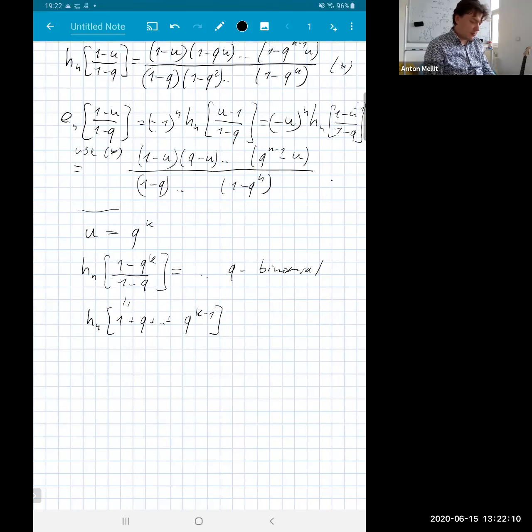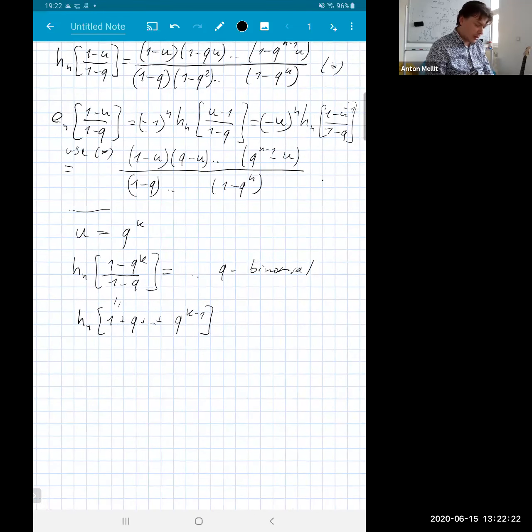Why do I want to use this thing? Because of the binomial identities. Okay, let me finish with this first. So I have a formula for this. I now can also set q equals 1. I get the formula for h_n of k.